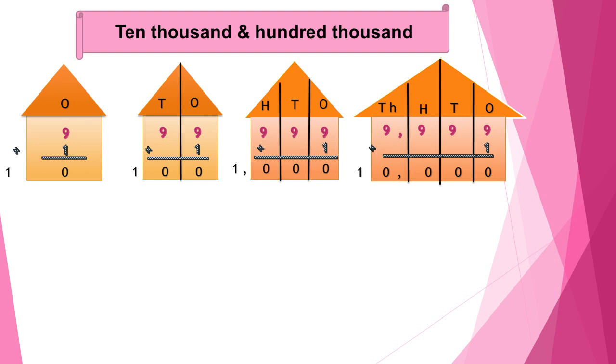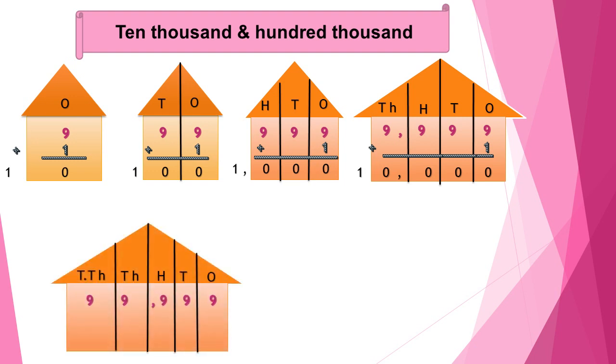Then our home became very small. It's 5 digits, so we need another home. This home has 5 places: ones, tens, hundreds, thousands, 10,000s. The greatest number I can put inside it is 99,999.